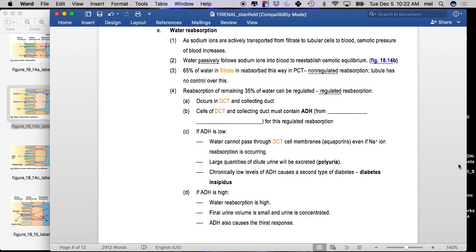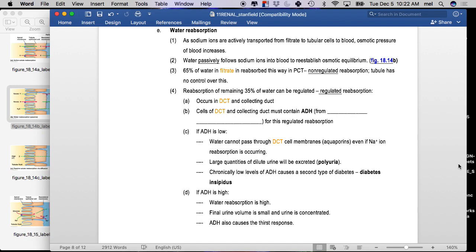The reabsorption of the remaining 35% will happen at the loop and the DCT, and a little bit at the collecting duct, the part of the collecting duct that still has vessels close to it. But remember, you actually don't need vessels to do osmosis, right? You actually can move stuff into fluids and then it can move. Okay, so the reabsorption of the remaining 35% can be regulated, and it occurs in the DCT and the collecting duct.